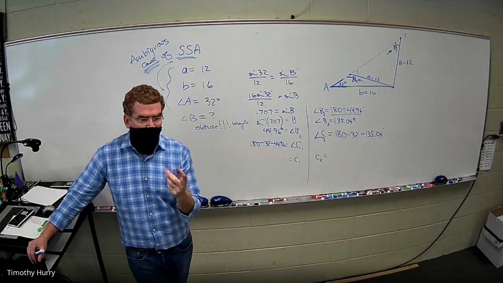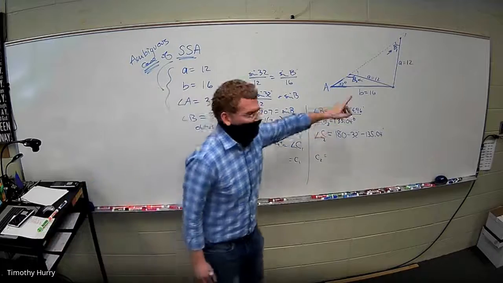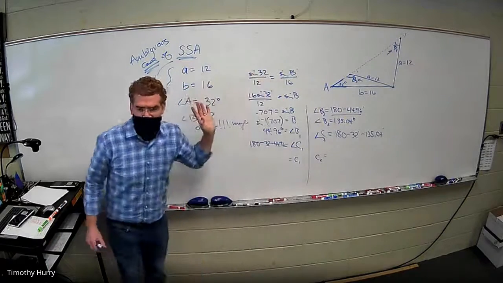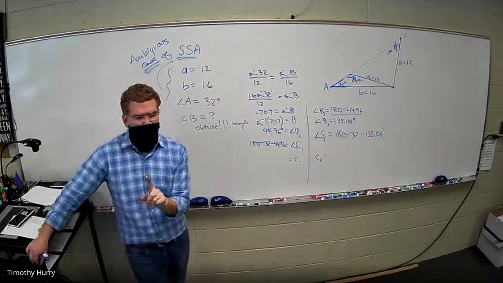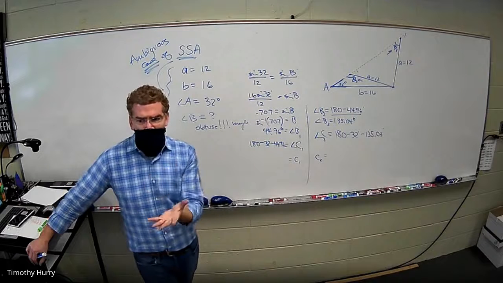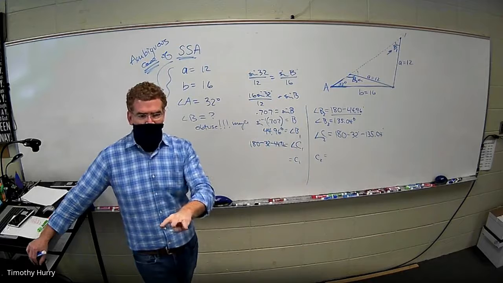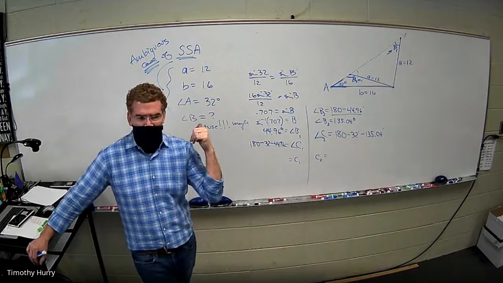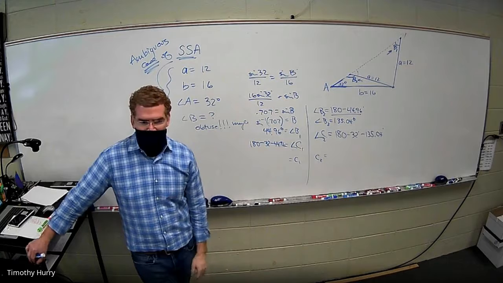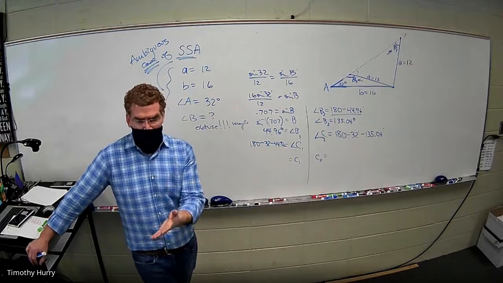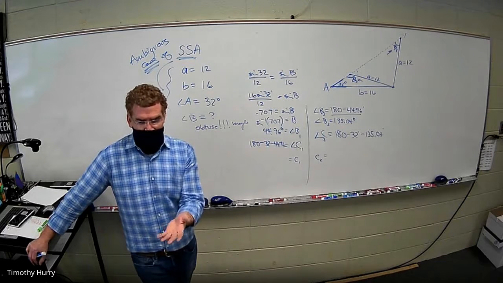Just one. The only time I can ever get 2 is in this special ambiguous situation. So any other situation, there can only be one triangle, right? Is it possible that if you start with SSS, you could find yourself solving for the biggest angle using law of sines? And if so, do you think the calculator is just going to be nice to you because you made a careless error?